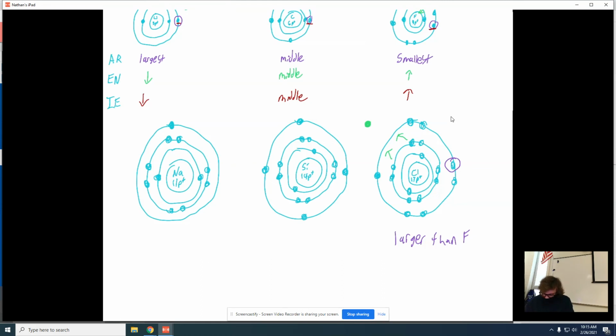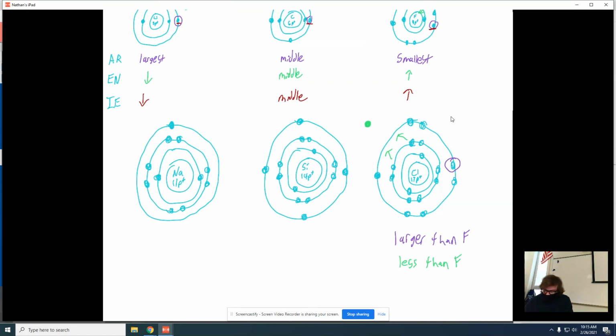So our electronegativity here is going to end up being less than fluorine, because now there's more electrons in the way of the nucleus. So even though there's more protons, there's a whole other shell that's kind of protecting that nucleus. This is something that we call shielding. So you might hear that term come up. So chlorine has a little bit less electronegativity than fluorine.